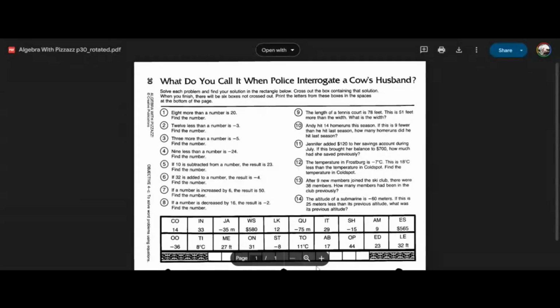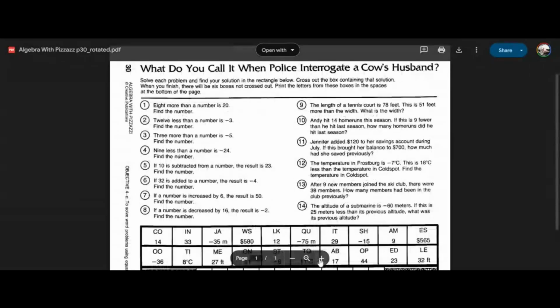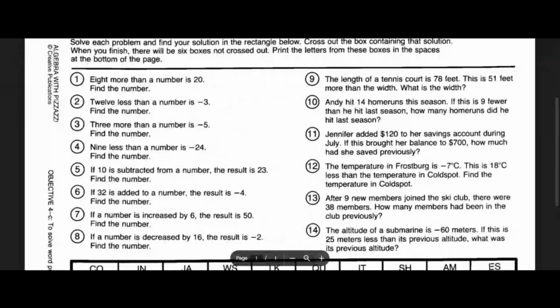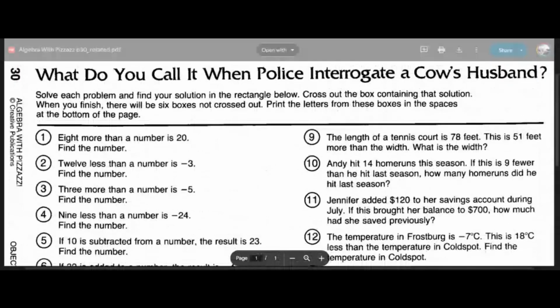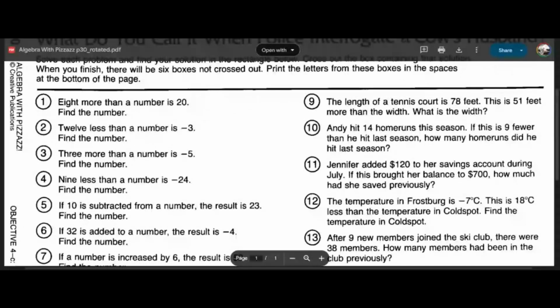So we're going to start with problems on this sheet. And because there's not any room here to work these, you're going to want to have out a piece of paper, and we're going to work the problems on paper.